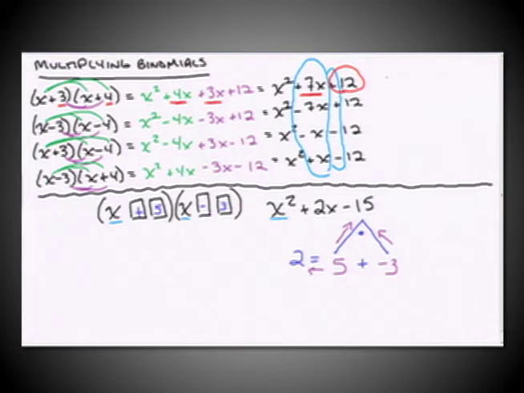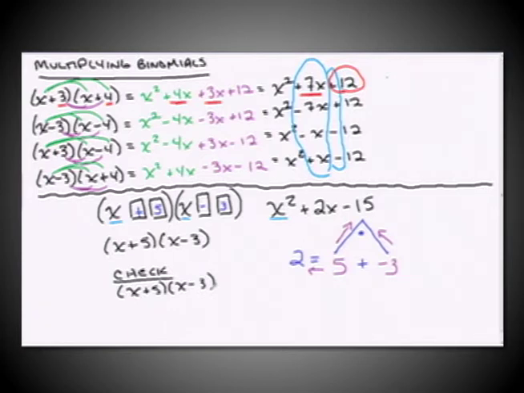So the factored form of x squared plus 2x minus 15 is x plus 5 times x minus 3. Now we should always check that. So we check by simply multiplying these back together just to make sure that we end up with the same polynomial that we began with.